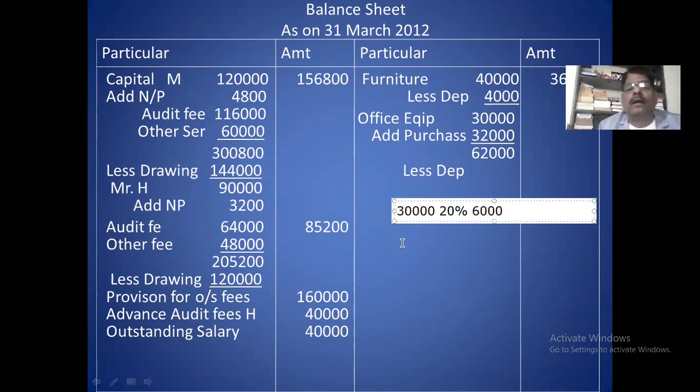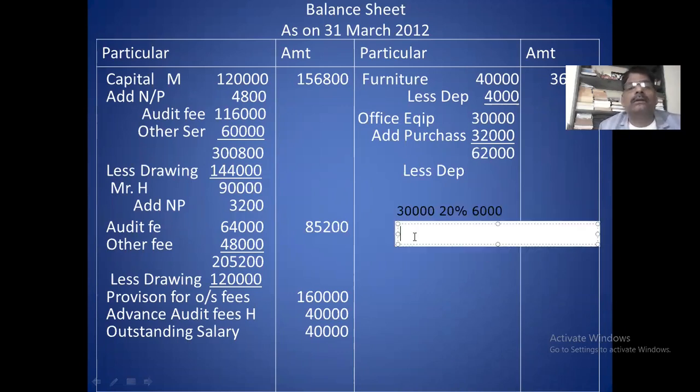And then on next 32,000, 20%, but you have to take half, not full, 6,400. Out of 6,400, you have to take half, which is 3,200.